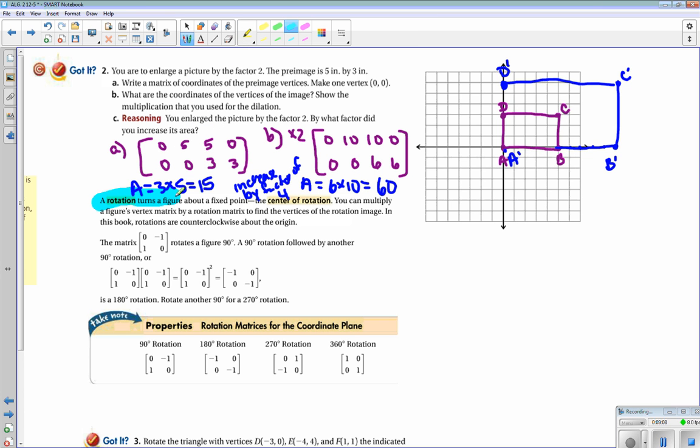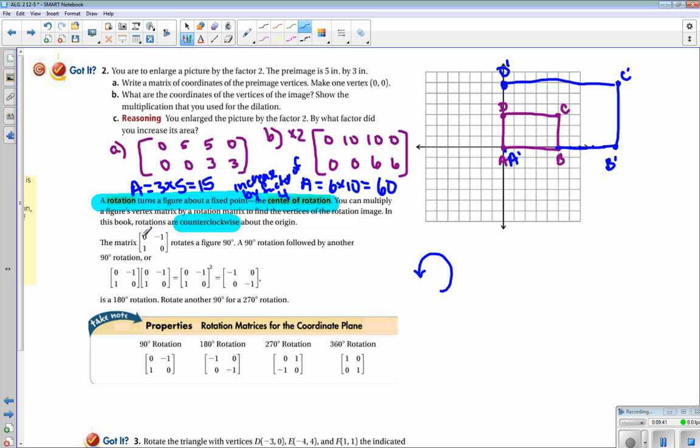A rotation turns a figure about a fixed point. A fixed point is the center of rotation. You can multiply a figure's vertex matrix by a rotation matrix to find the vertices of the rotation image. In this book, rotations are counterclockwise about the origin, and counterclockwise it goes like this, that way.